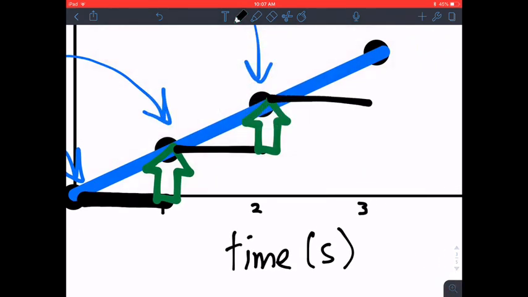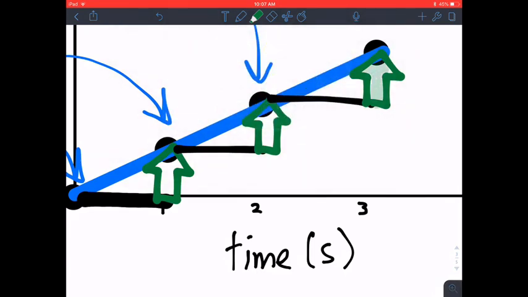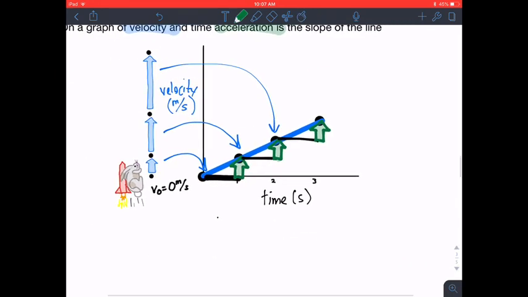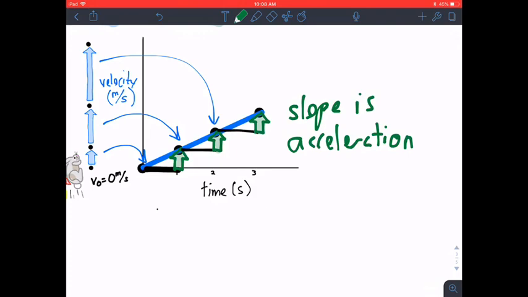Again, we go over 1 second, and the amount that we go up is the acceleration. So slope is acceleration on a velocity graph. It's not true of every graph, only velocity.